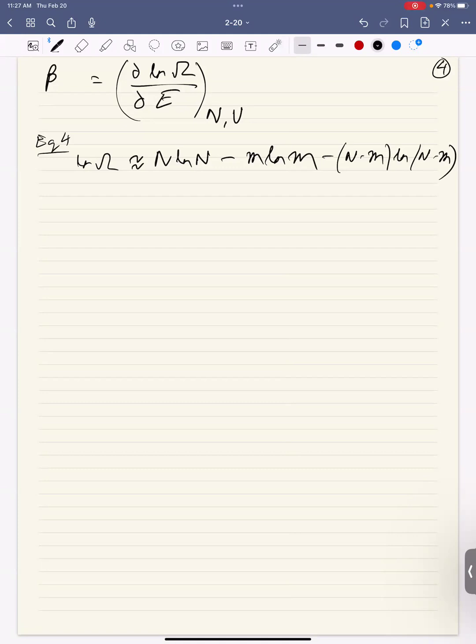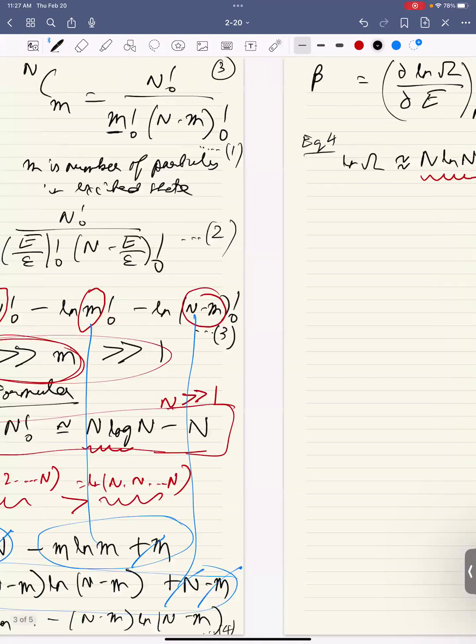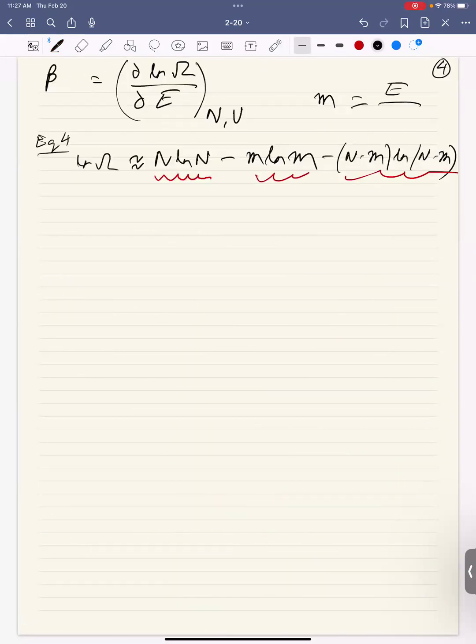So when we differentiate it, what's going to happen to this thing? It won't matter because we are doing it at constant n, right? It will be 0. This one and this one will play a role. But it does not have E over here, it has m over here. What is the relation between m and E? m is equal to energy divided by epsilon, which is the number of particles which are in excited state. So, well, now it's going to be just glorious algebra, nothing profound. So let's suffer through it.